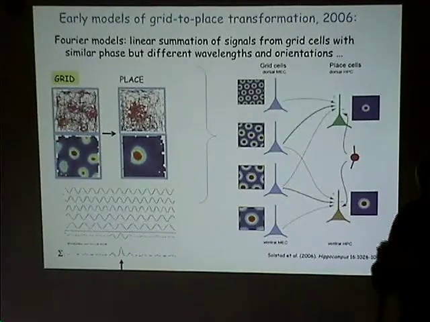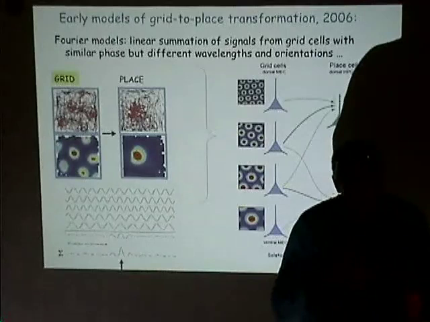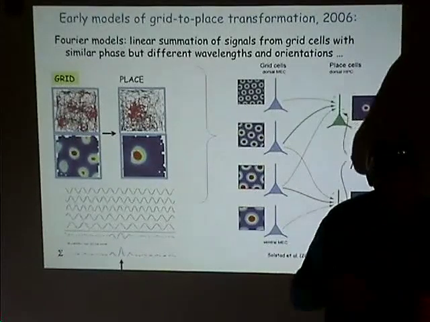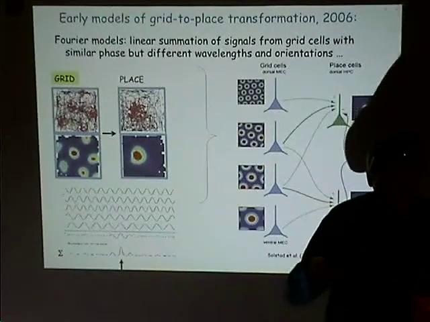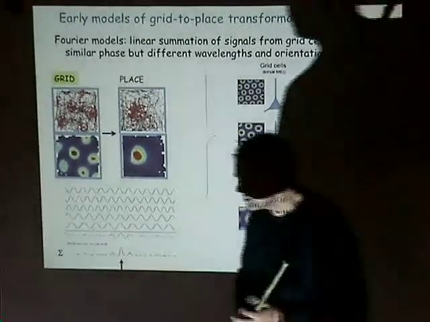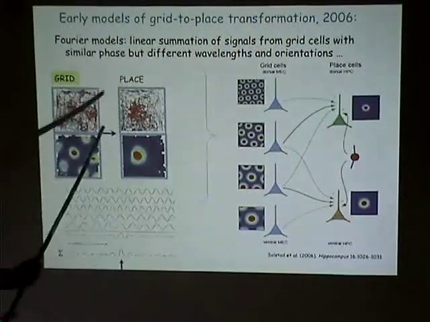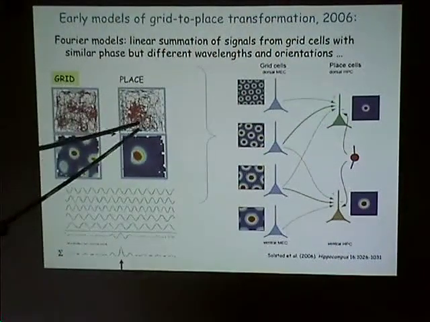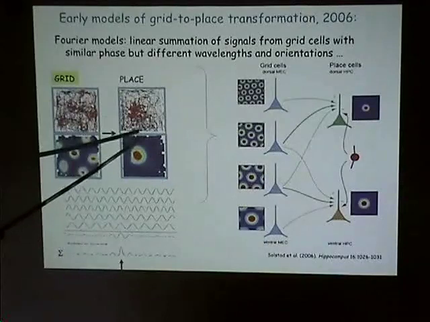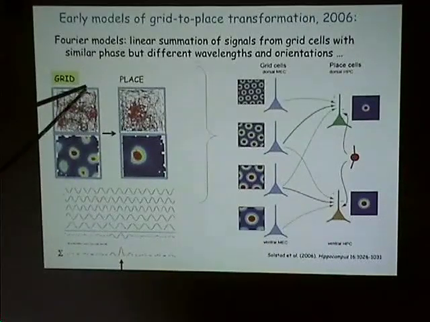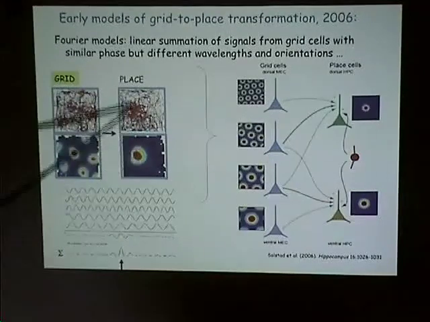Yes, so it is possible in principle the other way around, because it's a loop. And that really complicates it all, because it's a loop. It gets much harder to think. But yes, the distance between the grid cells and the place cells is just one synapse. So at least in the standard anatomical model, you go from layers 2, 3 to hippocampal cells.